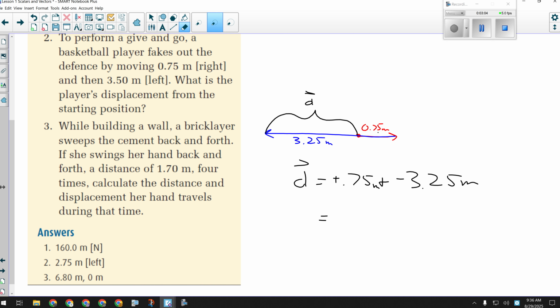Okay, so let's do this. Oh, it's because I wrote it wrong. Nobody told me I wrote 3.25. I did the math right, I just wrote the question. That's supposed to be 3.5.